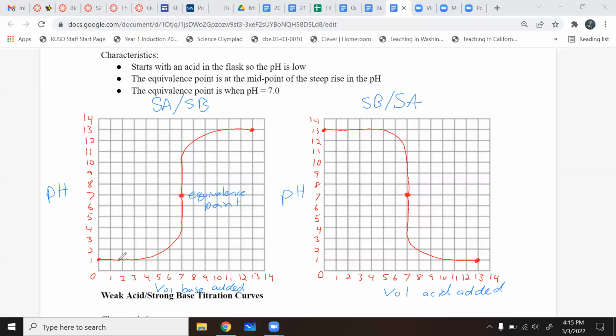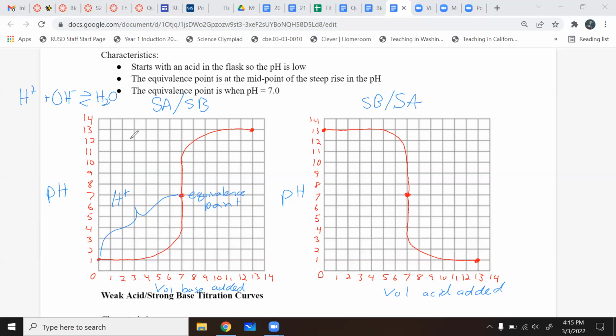In the interim space on the curve between here and the equivalence point, you are going to find mostly H plus or H3O plus ions. The reason for that is because the net ionic equation that we are looking at here for this neutralization would be H plus plus OH minus in equilibrium with H2O.